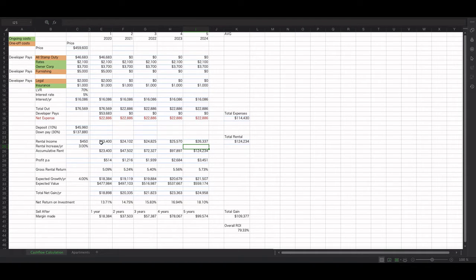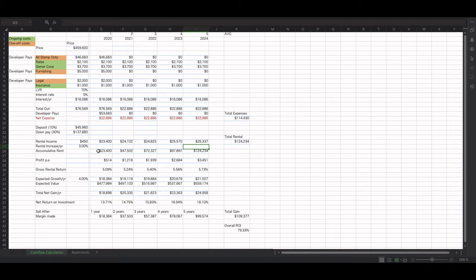So this is what we call compound growth in terms of rental income, which is quite powerful. By the time you reach year 5, you'd be looking at about $3,000 more in that year than what you received in your first year. Here we've also calculated a cumulative rent.